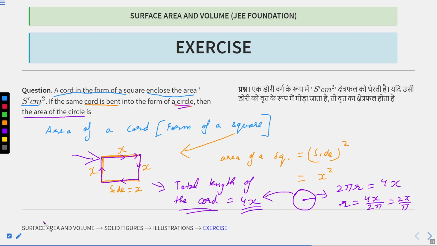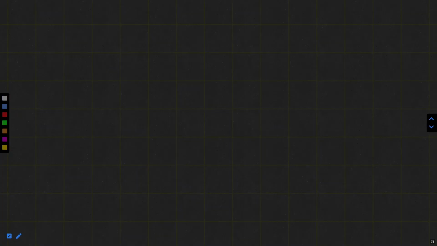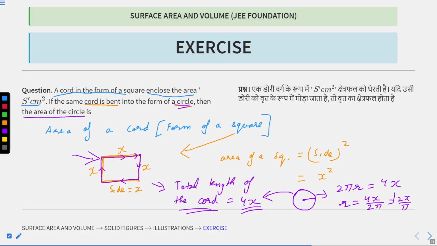The area of the circle is equal to pi r square, and we know r is equal to 2x by pi.